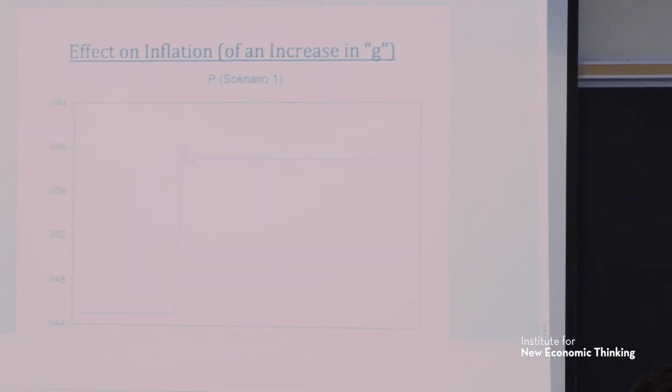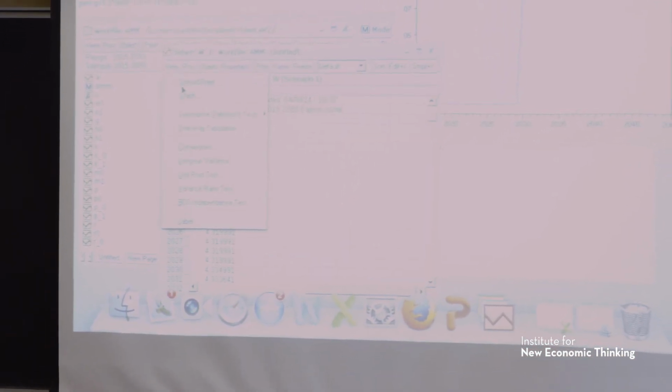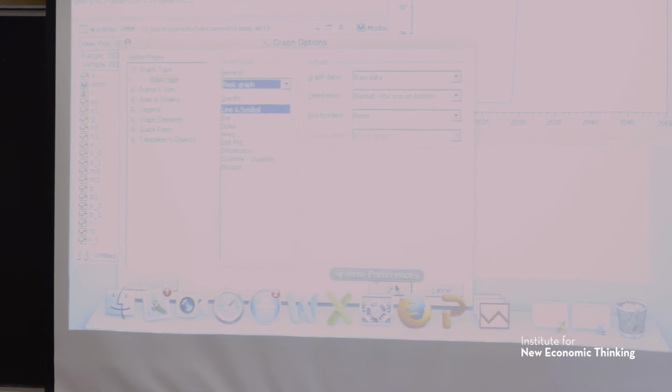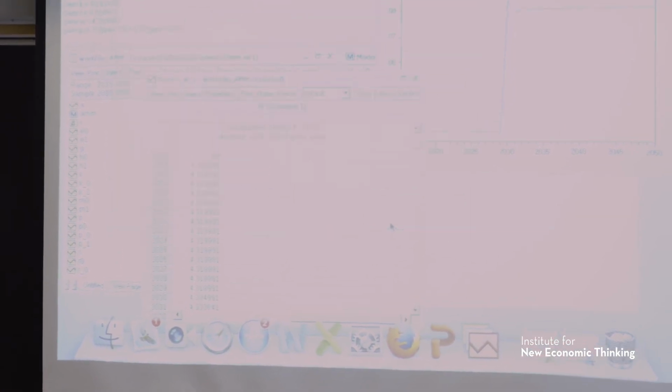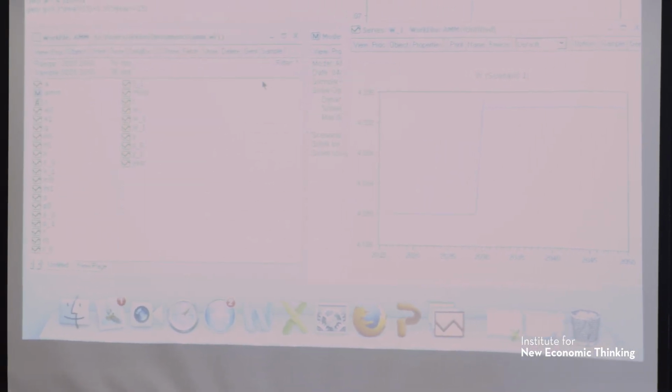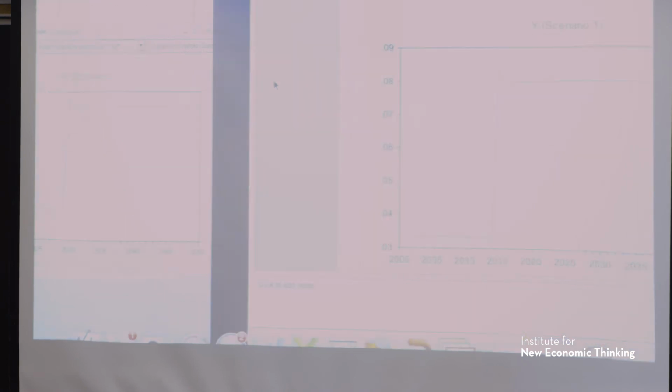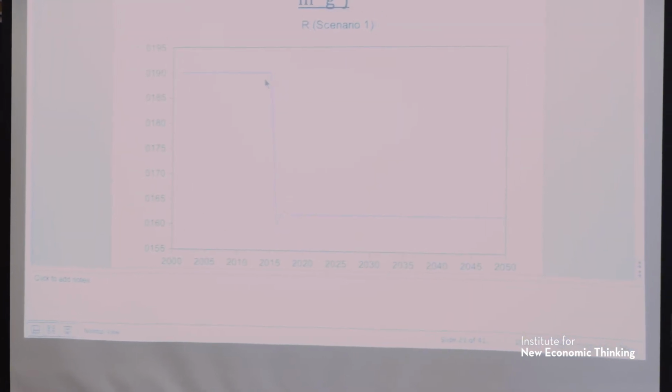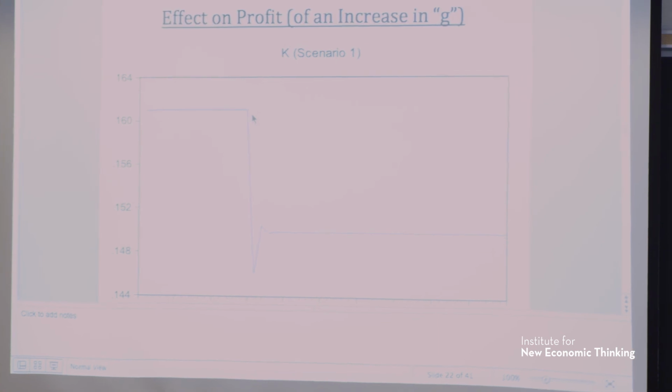So this is how we arrived at these graphs here. As predicted, the growth is going to go up. Wage is also going to go up. Interest rate goes down, profit goes down, and wage goes up.